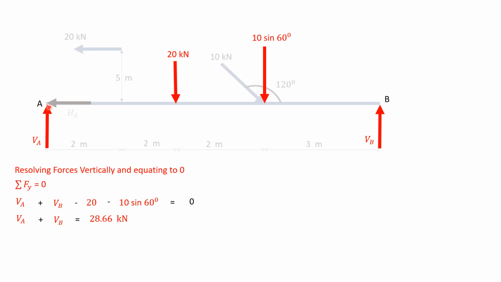VA directed to positive y-axis plus VB directed to positive y-axis, plus 20 directed to negative y-axis, minus 20, 10 sin 60 directed to negative y-axis, minus 10 sin 60, minus 20, minus 10 sin 60 equal to 0. VA plus VB equal to 28.66 kilonewtons.